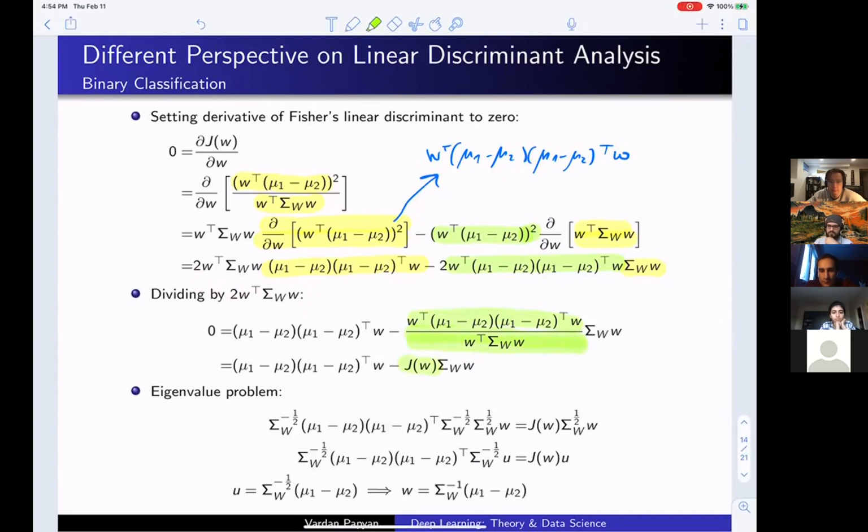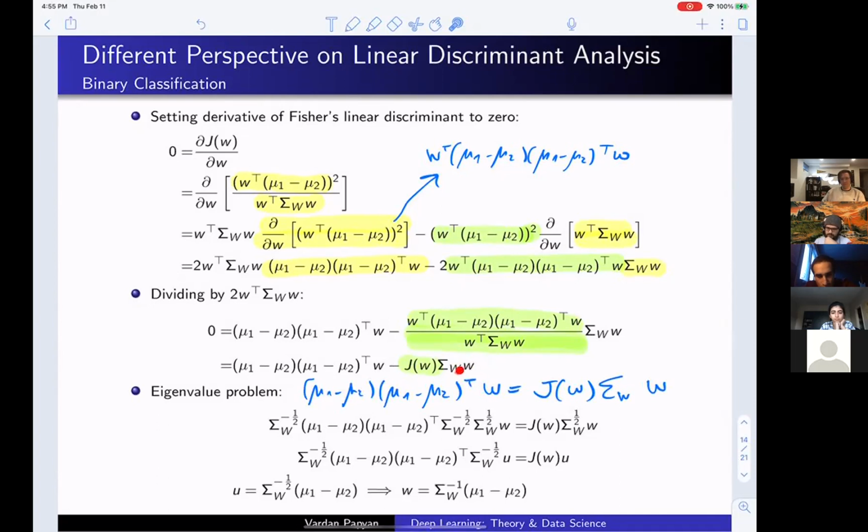This is just the definition of J. Therefore, what we obtain is a simple equation, which is, let me add here one extra step, mu1 minus mu2 multiplied by mu1 minus mu2 transpose multiplied by W equal to J W multiplied by sigma W multiplied by W. It looks very horrible when I have sigma W W because it's extremely confusing, but this sigma W is sigma within, and this W is a vector, right?